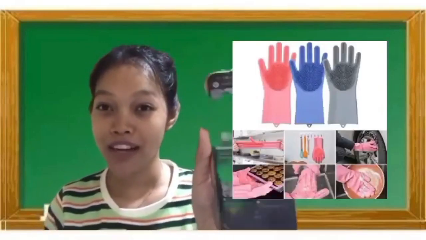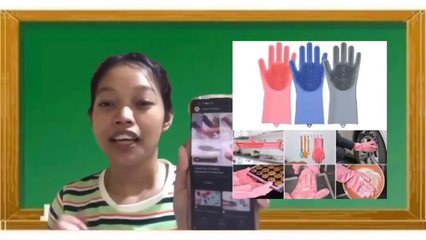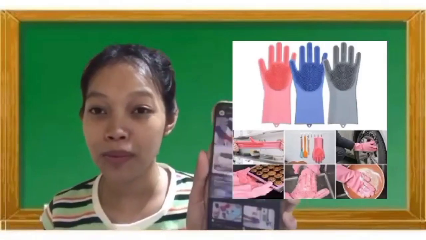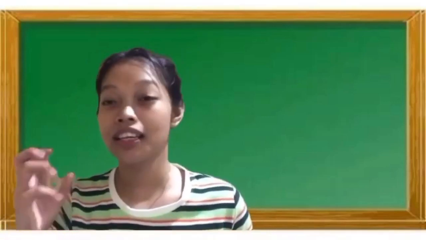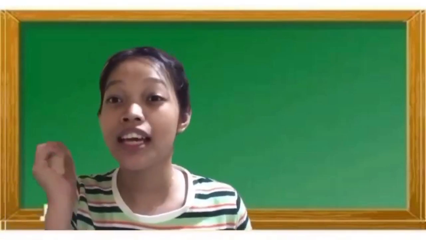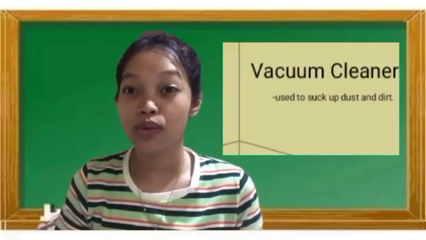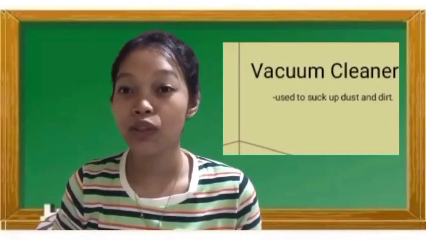I know that these tools are very common in your houses, since they are very well known to us as protection for our hands from any danger. Another part of the cleaning tools class is a vacuum cleaner. It is used to scoop up dirt and dust in your kitchen.